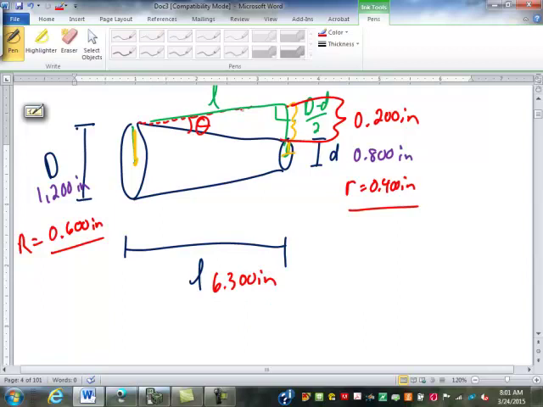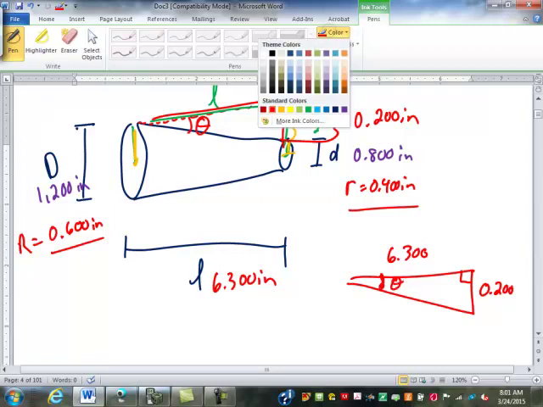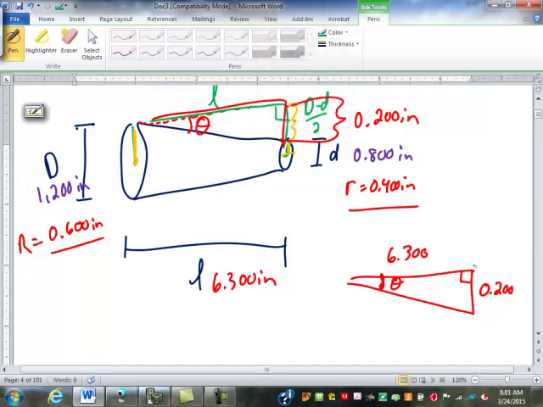So that means I have this triangle up here where this is 0.2 inches and this is 6.3, and I'm looking for this angle. Right now what I have is both legs. This is the adjacent, this is the opposite, which means I'm going to be working with a tangent. Tangent of an angle is opposite over adjacent.